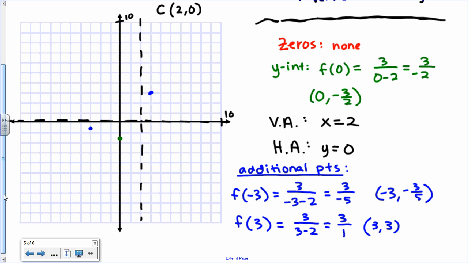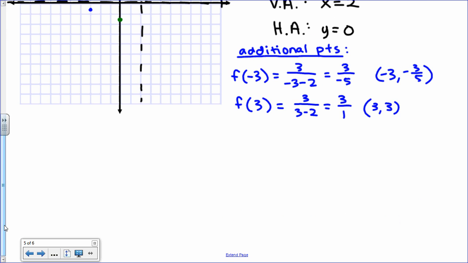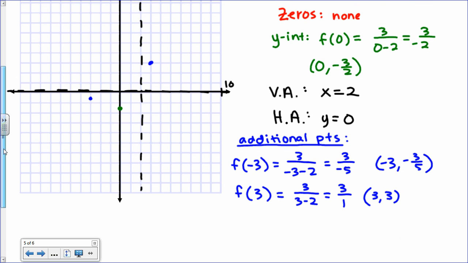And I need one more to the right. What's another point? 5. So 5 is a good one because it'll give us a whole number. You could plug in 4 if you wanted. So 3 over 3 is 1. So then I also have the point 5, 1.